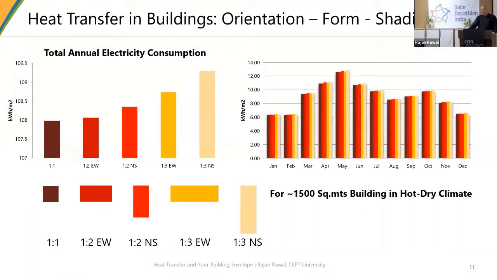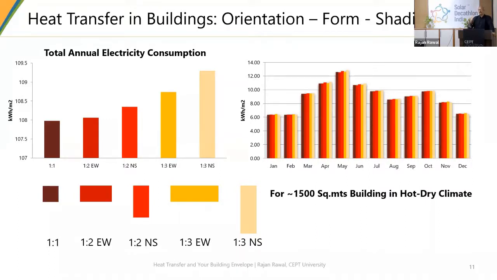How does orientation impact? Again, this is a very simple way of putting it. What I have done is I have taken about a 1500 square meter building in a hot and dry climate. In the first graph, your aspect ratio is 1:1. The red one is aspect ratio 1:2, placed with the longer axis east-west.